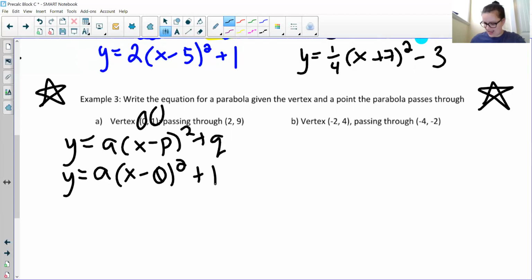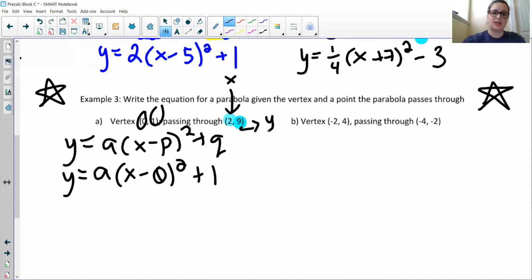Now we don't know what a is, but we know that this parabola also goes through the point 2, 9. So if we put in 2 for x, it will give us 9 for y, because that is the input and output for this parabola.